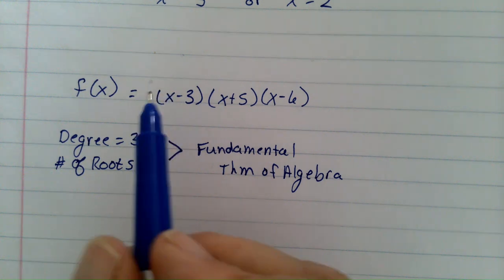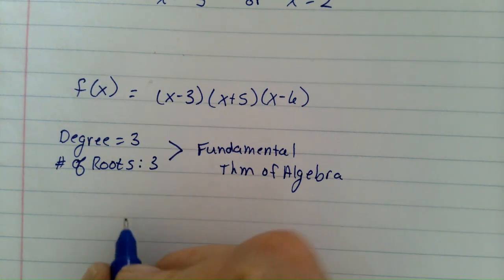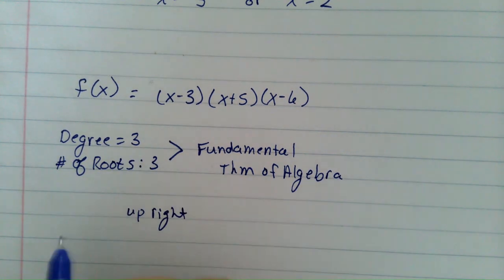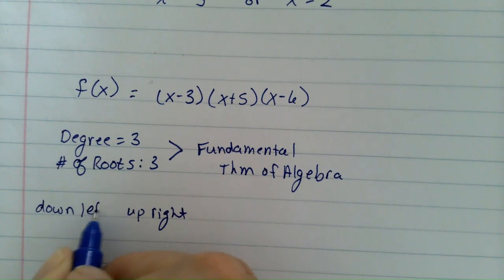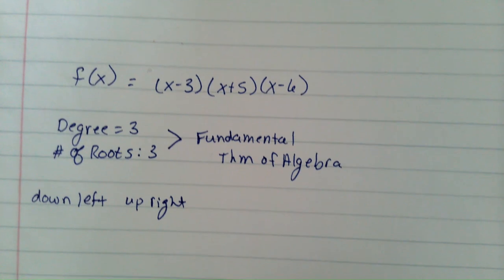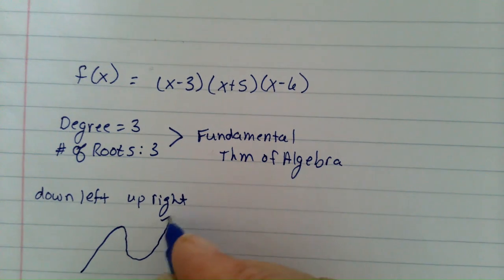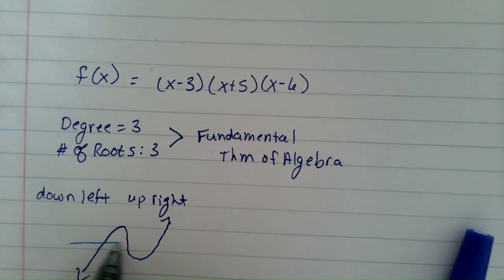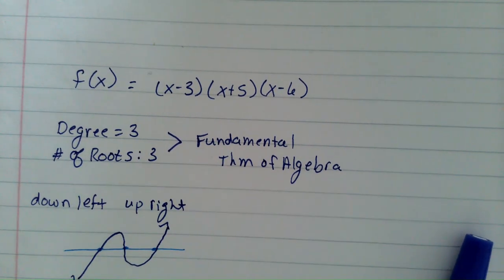So if you've remembered my previous videos, since it's a positive lead coefficient, it's going to be up on the right. Because this is an odd degree, it'll be the opposite, or down on the left. And since it's a degree 3, it can have up to 2 turns, 1, 2, meaning that we can have up to 3 intercepts.